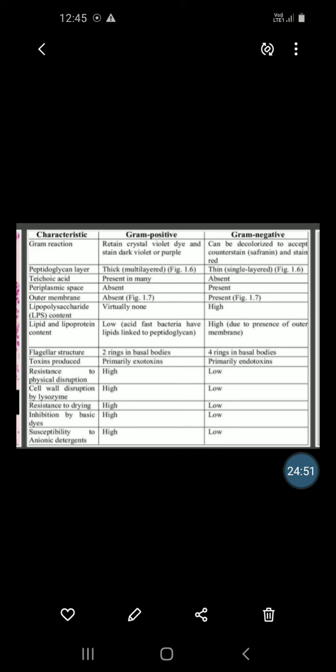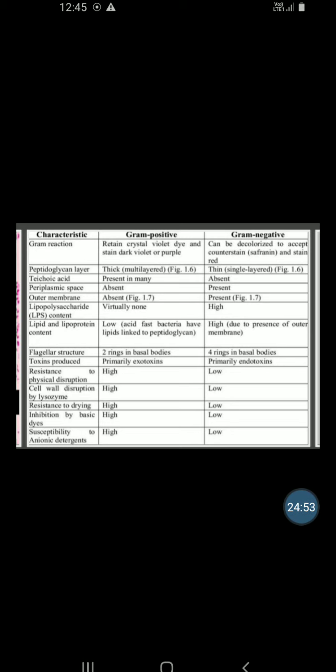Next, inhibition by basic dyes is high in gram-positive and low in gram-negative. Then susceptibility to anionic detergent is high in gram-positive and low in gram-negative. These are the different characteristic points of gram-positive and gram-negative bacteria.